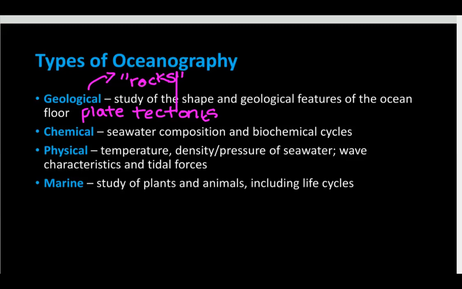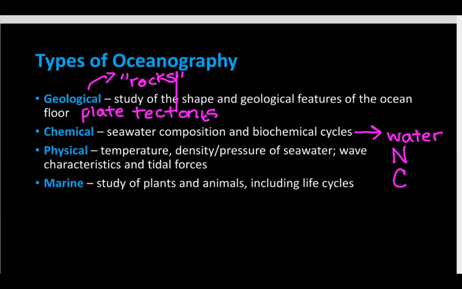Chemical oceanography is going to be like seawater composition, the biochemical cycles. So examples of the biochemical cycles, because I noticed a couple of people got confused a little bit with this on the worksheet we did: the water cycle is a biochemical cycle. Another important one we talk about is the nitrogen cycle, the carbon cycle.